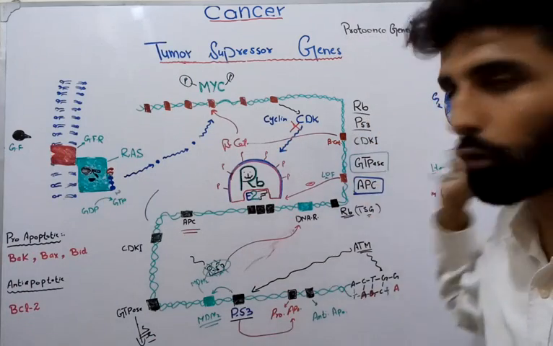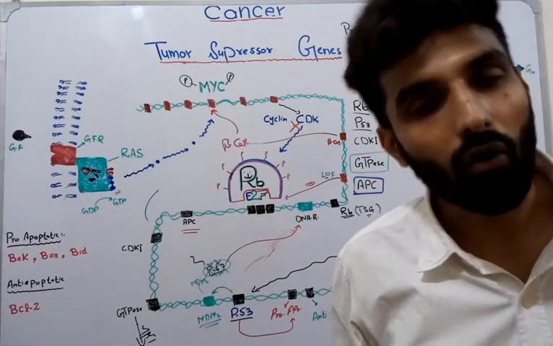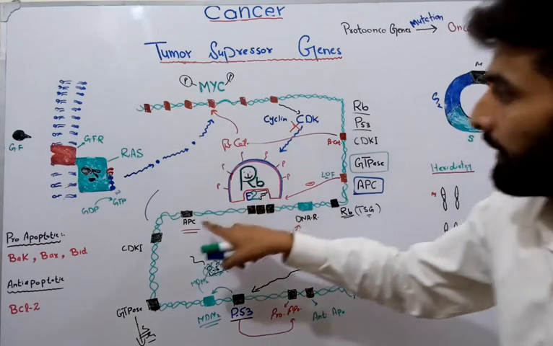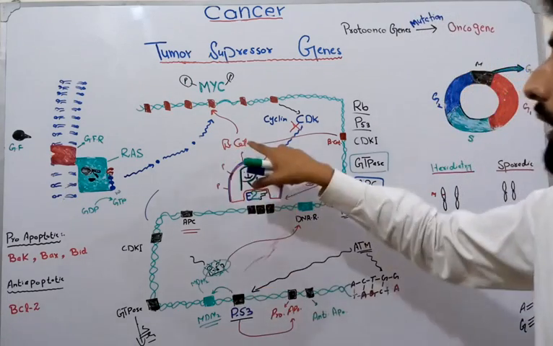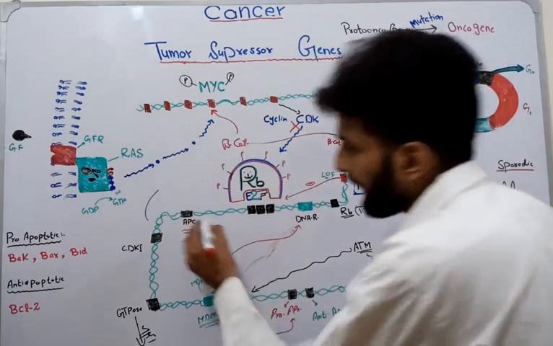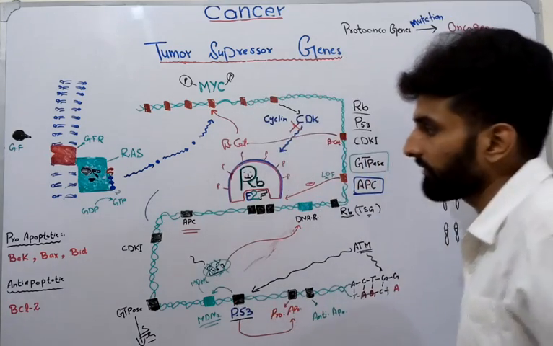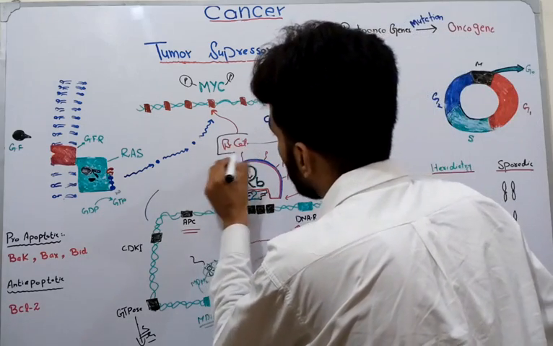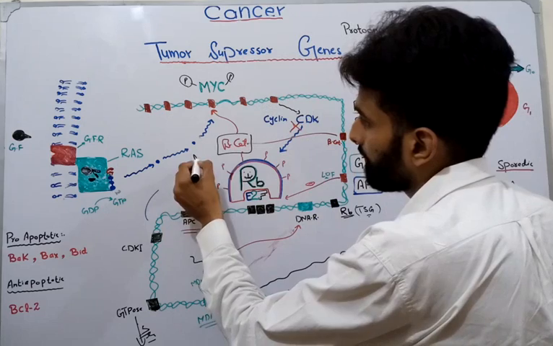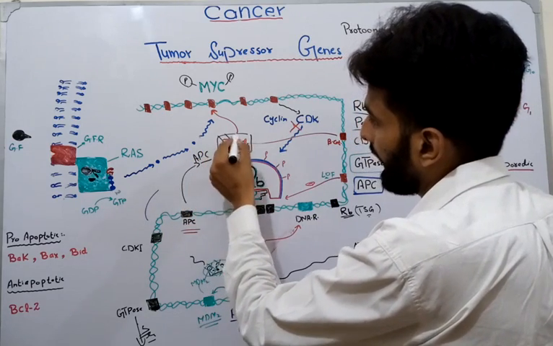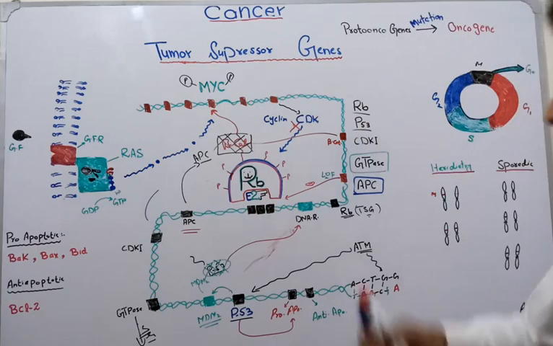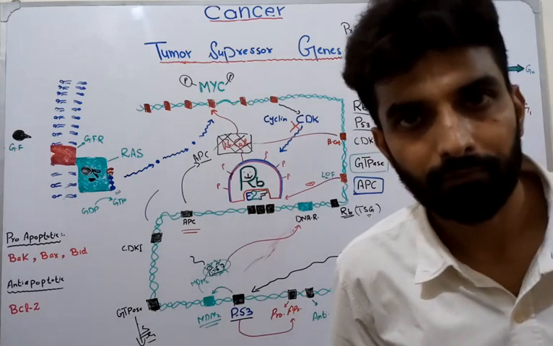So is it a proto-oncogene or a tumor suppressor gene? Obviously a proto-oncogene. Okay. Now what will happen? To counter the beta-catenin activity, there is another gene, the APC gene, and the product of this gene is the APC protein that will go and bind with beta-catenin, and it will destroy and dissociate it so that overactivation cannot take place.